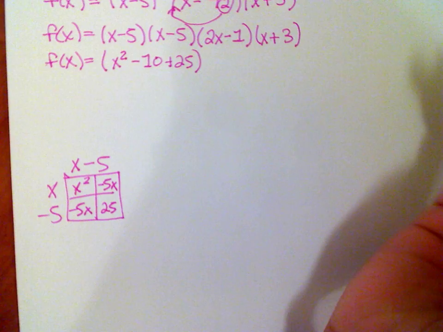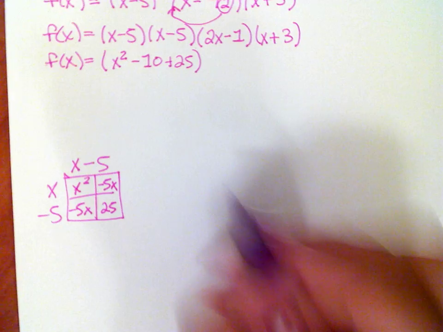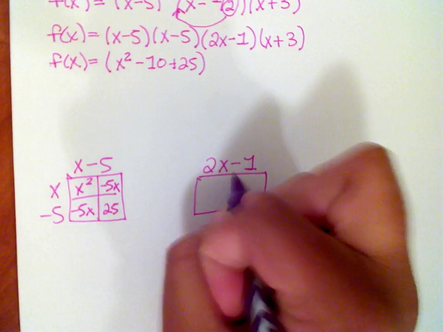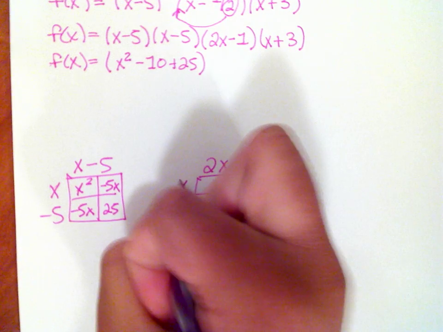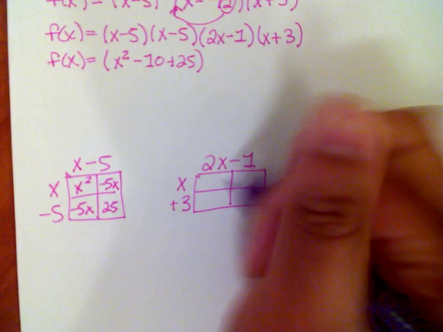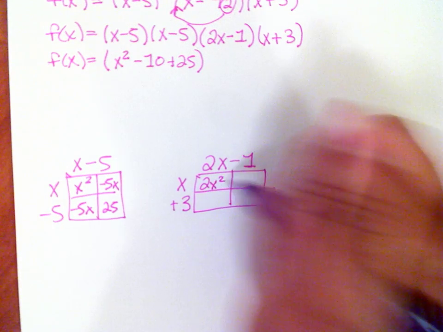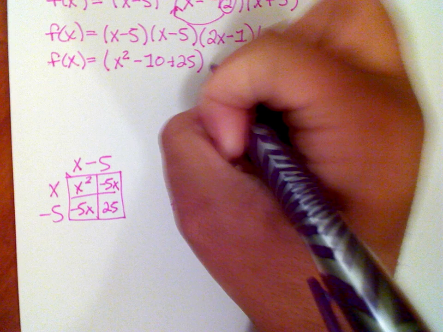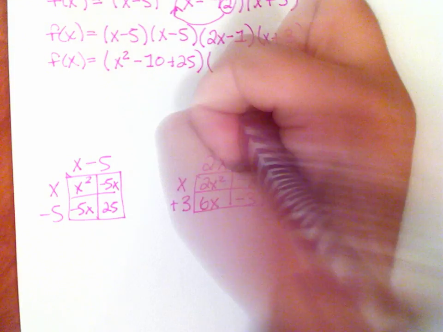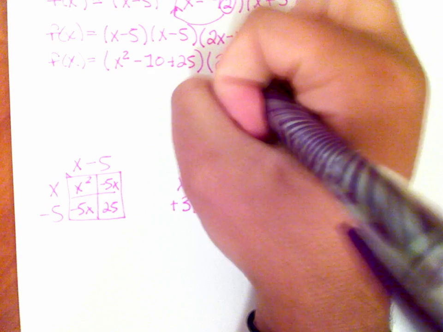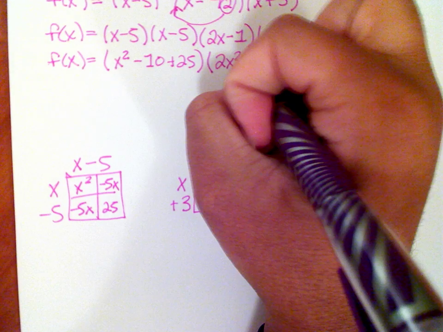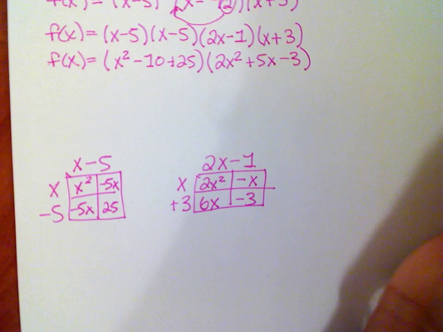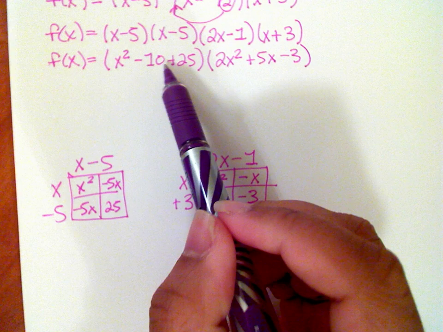And then I'm going to multiply these 2 together: 2x minus 1 times x plus 3. We get 2x squared, -x, positive 6x, -3. So our other trinomial is 2x squared plus 5x minus 3.